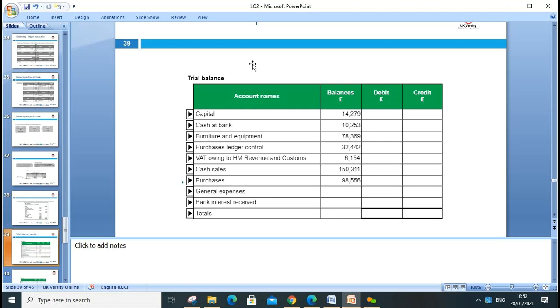Debit. Good. Purchase ledger control, which side? Creditors. Creditor, liability, so the credit side. We need to pay HMRC tax, it's a liability, credit side, yes.